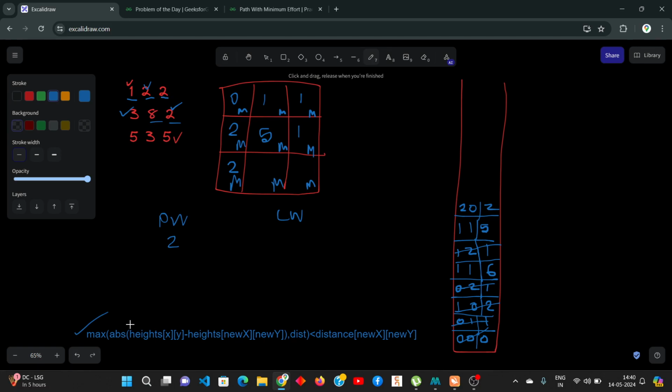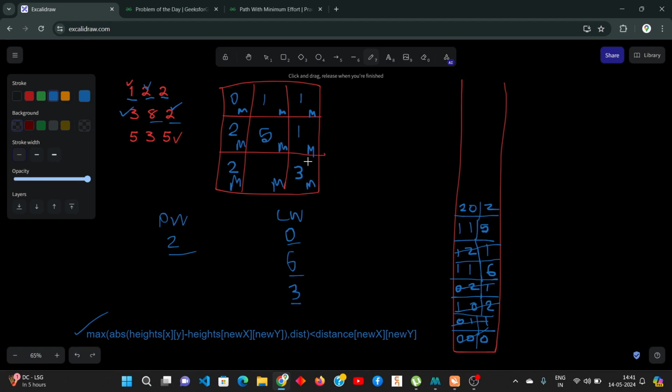Basically, if we calculate the ABS value, that is 0 here, and that is 6, and that is 3. So what is the maximum value of 2? That is 2, but we already have 1, so we cannot update that. So for this, the maximum value is 6, but we have 5 already here, so we cannot update. And here, that is 2 and 3. What is the maximum value? That is 3. Yes, we can update here. So this cell is updated.